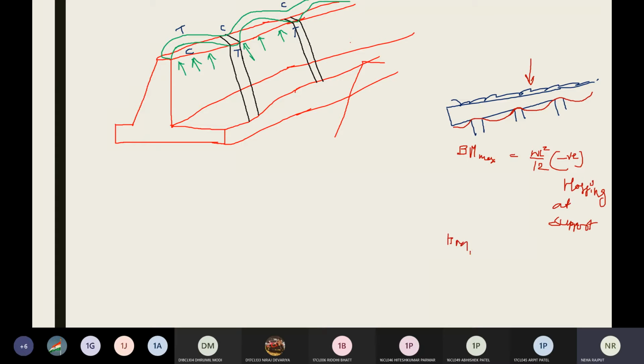And maximum bending moment at mid span, that will be WL square by 20. That will be the positive one. Positive because that is the sagging. Right, at mid span. So this is the deflection in stem span. So here at this mid span, you are getting the positive moment.